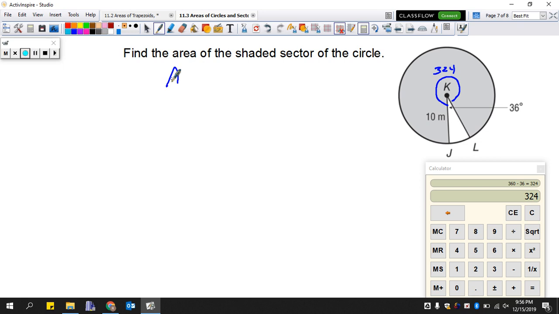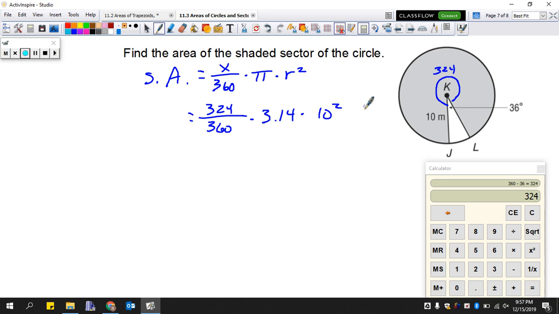So sector area is x over 360 times the area of the entire circle, pi times radius squared. Okay, well, here the x is 324 over 360 times 3.14 times 10 squared.